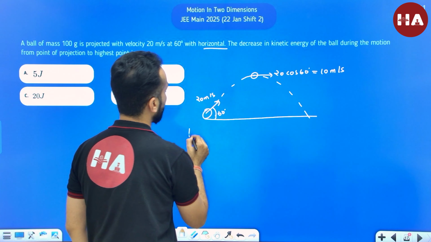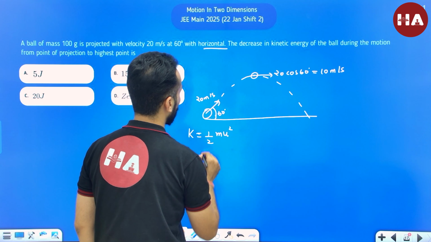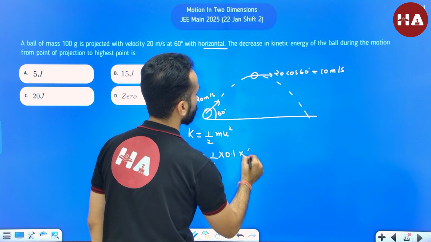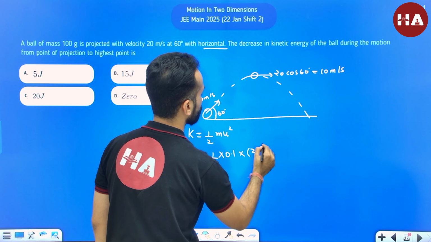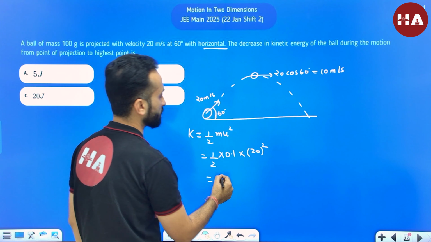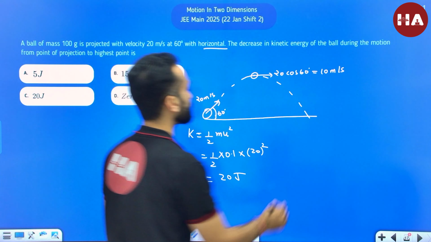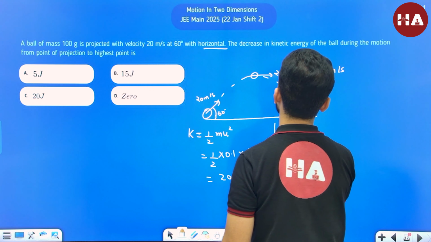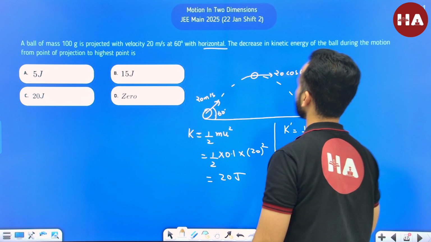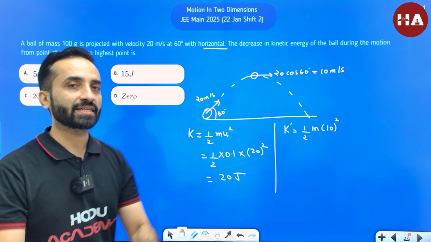So initial kinetic energy is going to be half m u square. Now what is the value of m, my dear students? So it is 0.1 and u square is going to be 20 whole square. So this is going to be 400 into 0.1, 40 divided by 2. So it's going to be 20 joule, right? While at the highest point, kinetic energy is going to be half m v square, and instead of v square I will only write the horizontal component because the vertical component has become 0.